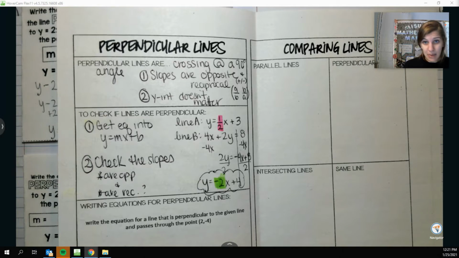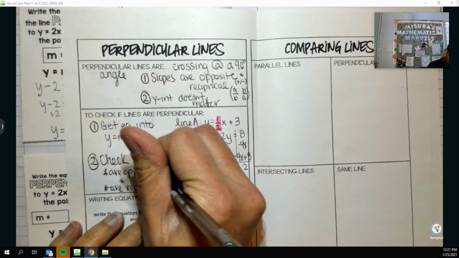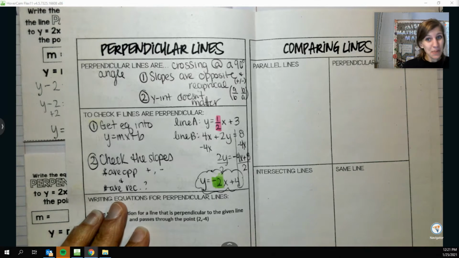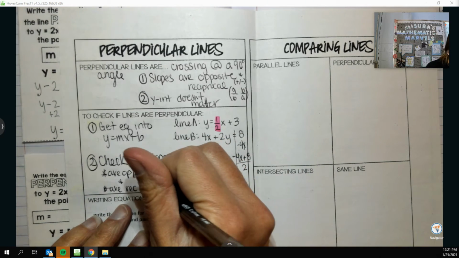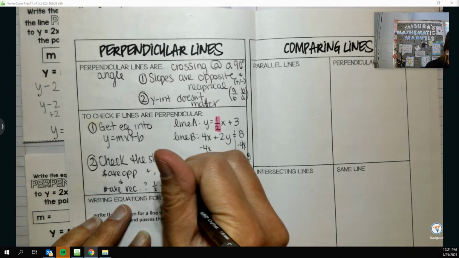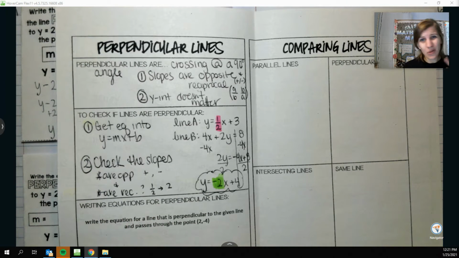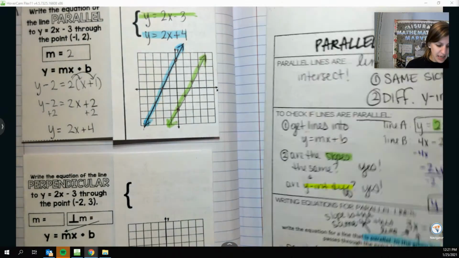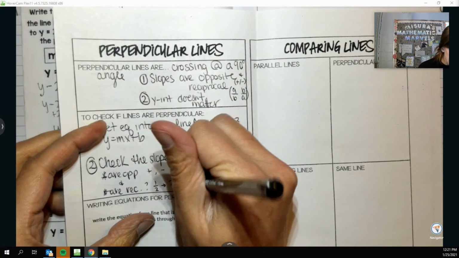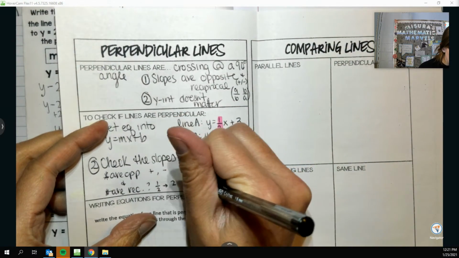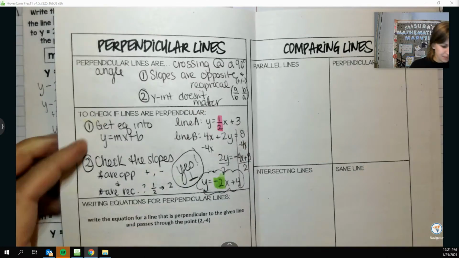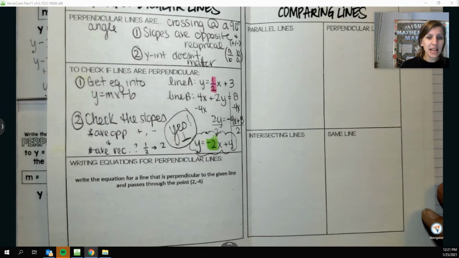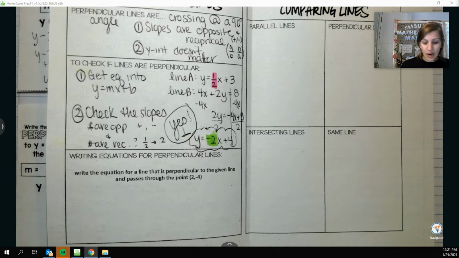So they are opposites because the first one is positive, the second one is negative. And they are reciprocals because the first one is 1 over 2, and the second one is 2 over 1, so 2. So yes, these are perpendicular. So, yes, perpendicular, upside down T. Okay, fun.